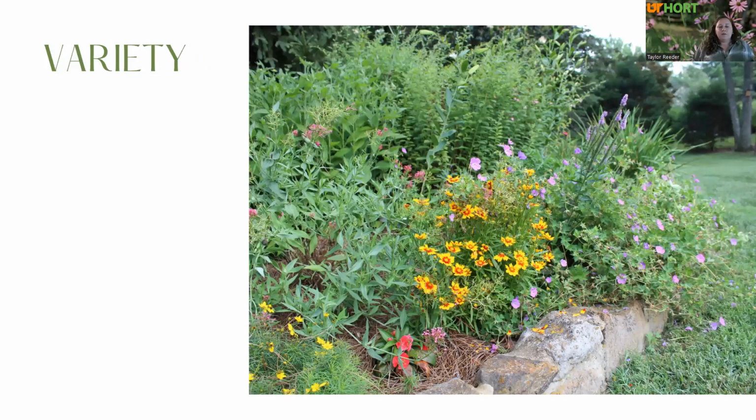With variety, we can often go too far and it can seem like we just threw up plants in the landscape, like we just threw them out there and they just decided to grow. But there's a controlled chaos with variety. So we can add pops of color and different colors. We can do warm palettes with pinks and reds and yellows and cool palettes with purples and blues and greens.